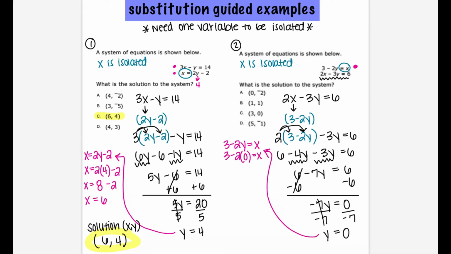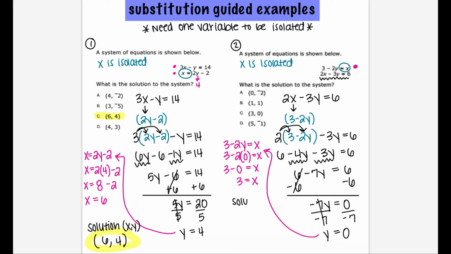So I'm going to plug in 0 for y in parentheses. And now we simplify. 3 minus 2 times 0 is 0. And 3 minus 0 is 3. So 3 is x, or x is 3.